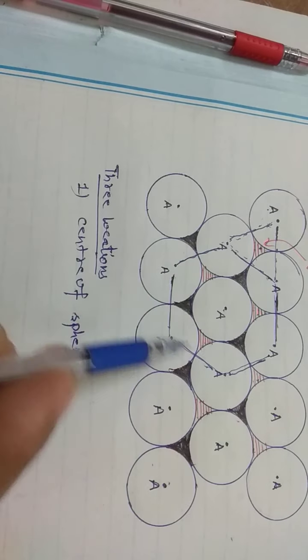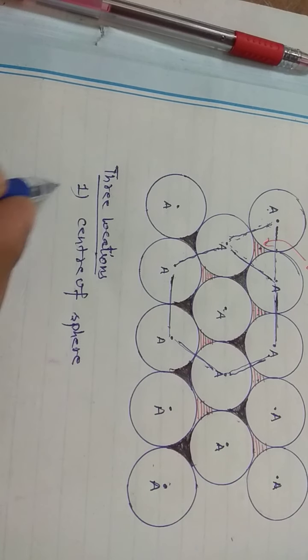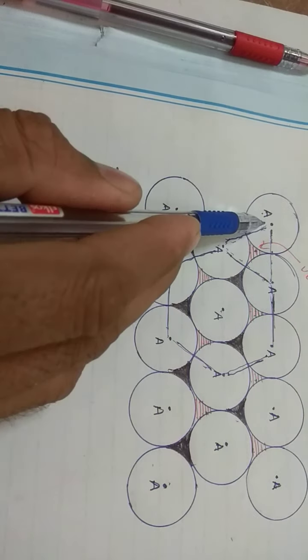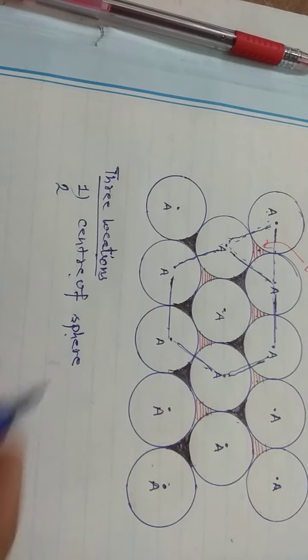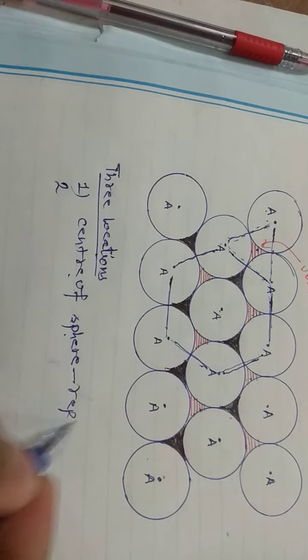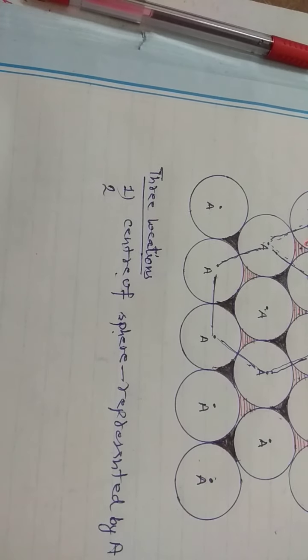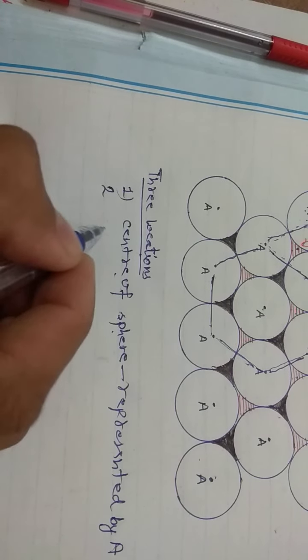Okay class, so in the first layer, you have seen that we have three important locations. One is the center of the sphere. This is A, these are represented by A. And another one is the voids.